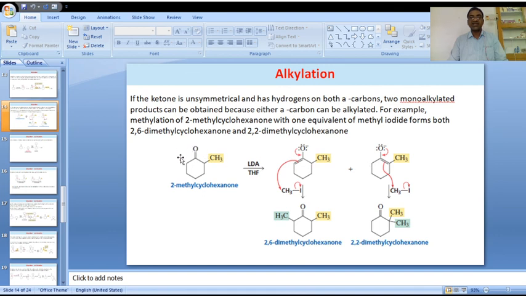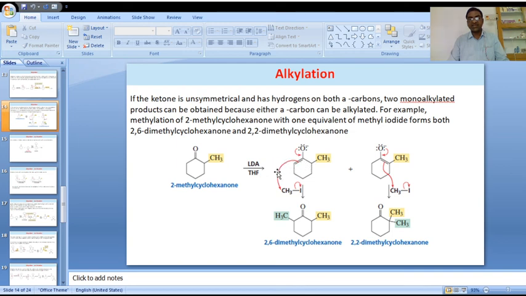For example, here methylation of 2-methyl cyclohexanone in the presence of LDA, tetrahydrofuran, with one equivalent of methyl iodide forms both the compounds. Here the alpha hydrogen is removed from the left hand side.